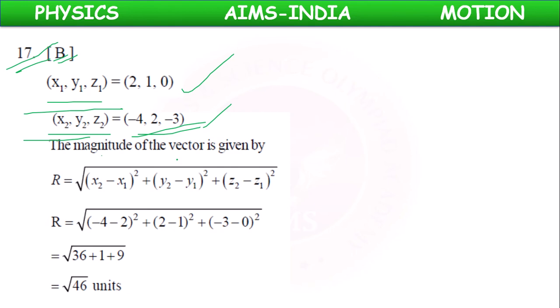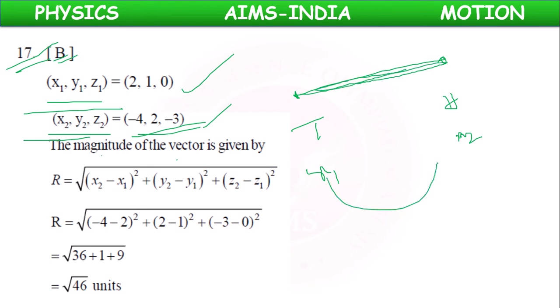The magnitude of the vector is given by, because this is the tail part and this is the head part, this is x1, suppose this is x2, and the magnitude in the x direction will be given by the difference of x coordinates. So x2 minus x1 i cap.